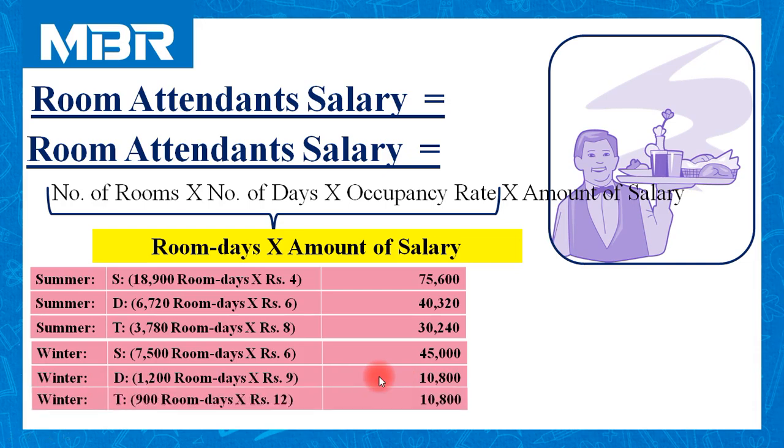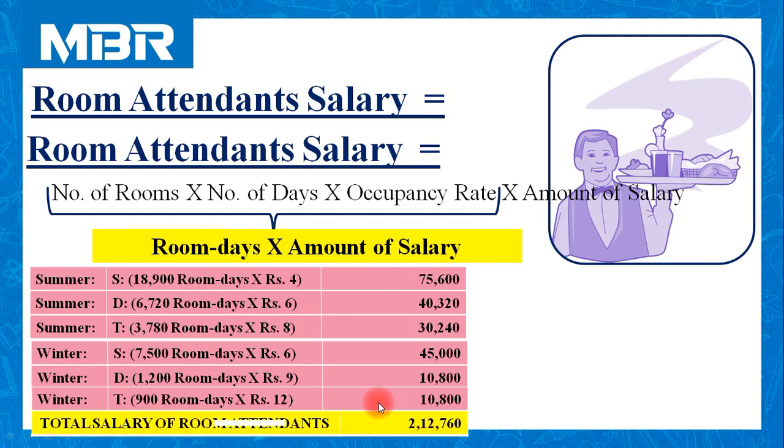In winter, we have paid rupees 12 per room per day when rooms are occupied to the room attendant. So we have 900 room days for 3-room suites in winter multiplied by rupees 12. So the total amount paid to the room attendant serving in 3-room suites in winter is rupees 10,800.